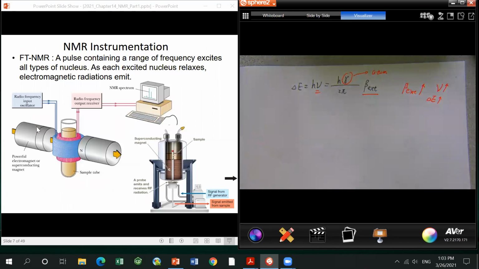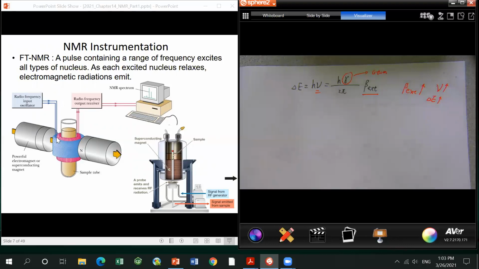We have the magnet in this direction, and then we apply some external magnetic field. Here the blue coil strikes the sample with the radio frequency, and here is the sample tube, the NMR tube. Normally you dissolve your sample in some NMR solvent, and then you record the NMR spectrum for this sample.